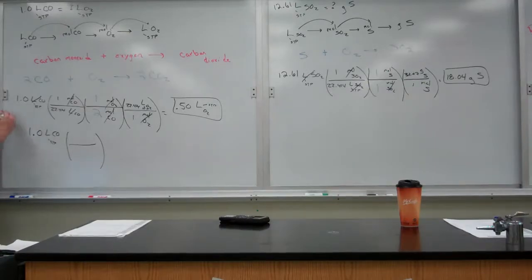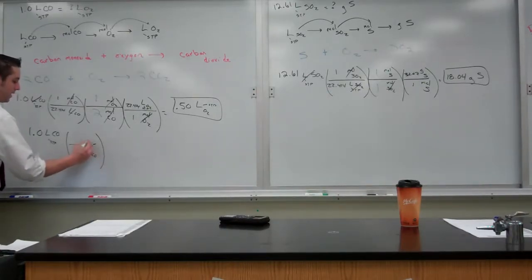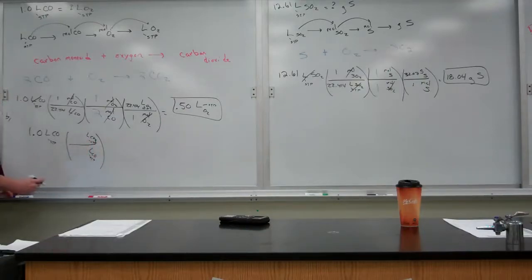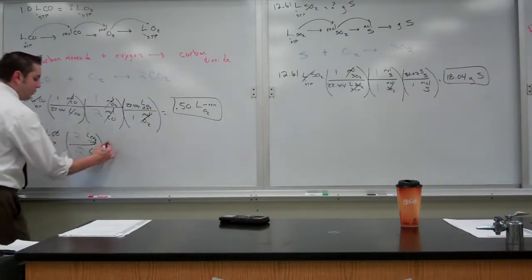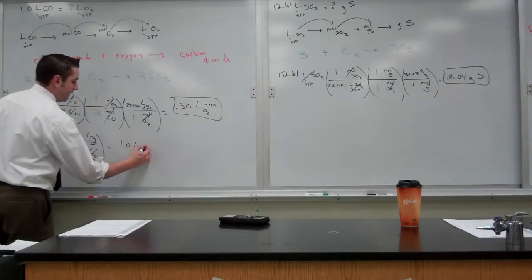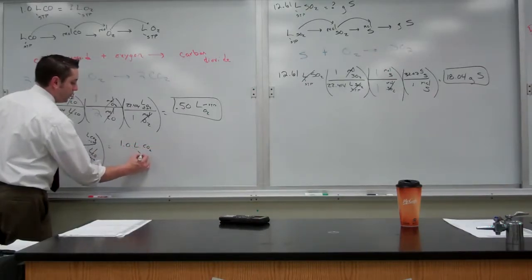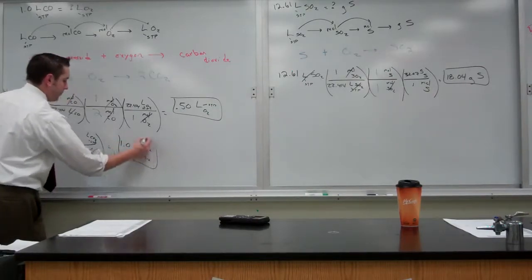So for this second part, letter B, we'll go from liters of CO to liters of CO2 at STP, and we will just use the mole-to-mole ratio. CO has a 2, CO2 has a 2. And you'll end up getting 1.0 liters CO2 at STP.